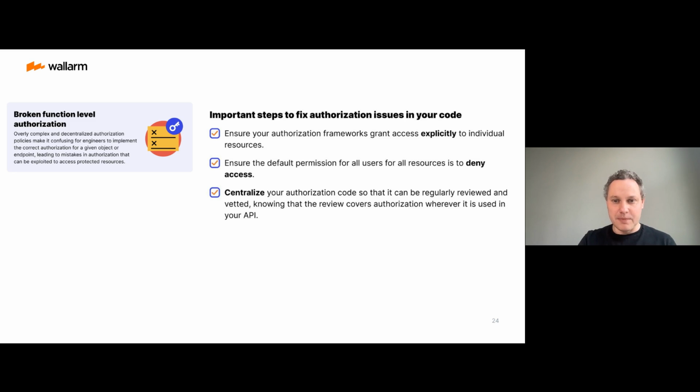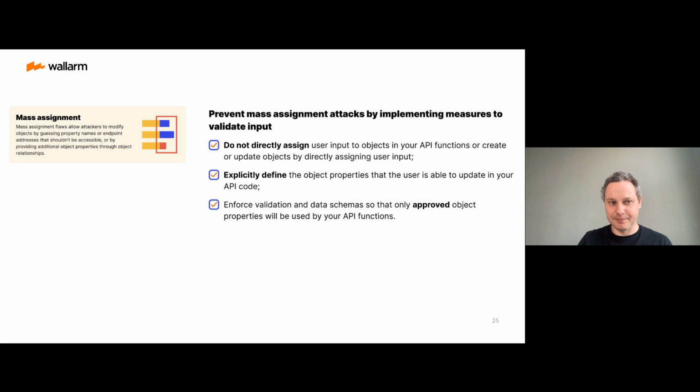And one of the most important things you can do is to centralize all your authorization code, so that it's something a lot of people in your company understand and can regularly review and vet, so that you just know that this particular piece, which is super critical for the authorization, works. There is a whole topic on its own, but in the checklist we just give you a few recommendations that you can start doing right away.